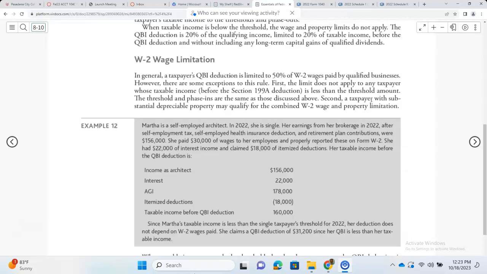Second, a taxpayer with substantial depreciable property may qualify for a combined W-2 wage and property limitation. Okay, so what is the trick? The trick is this QBI deduction is limited to 50% of W-2 wages. To understand this, we have to look at this example. But keep this in mind, 50% of W-2.